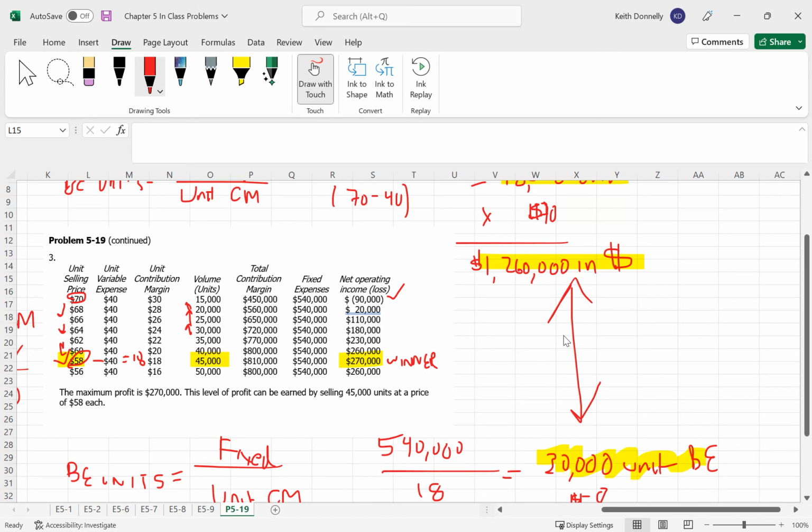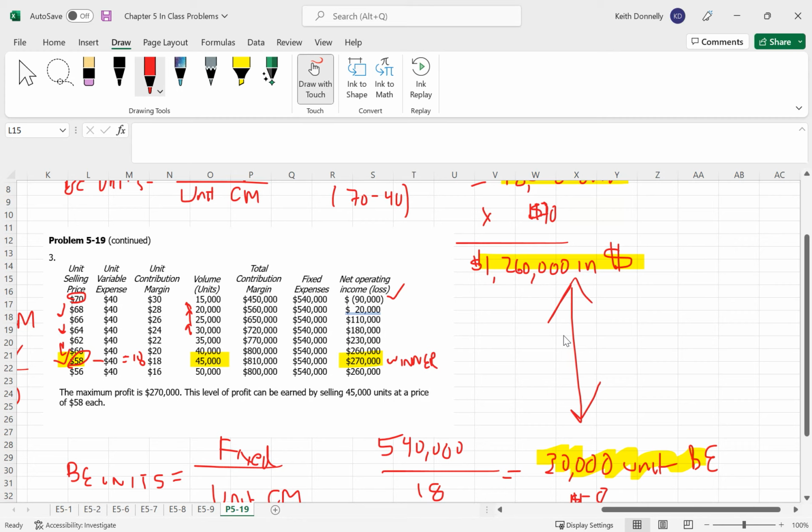Well, they're not the same because we changed the circumstances. The break-even point is different from the one above because we changed the selling price. When you change the selling price, the unit contribution margin drops from $30 above to $18. When you lower the contribution margin, that results in an increase in the break-even point.